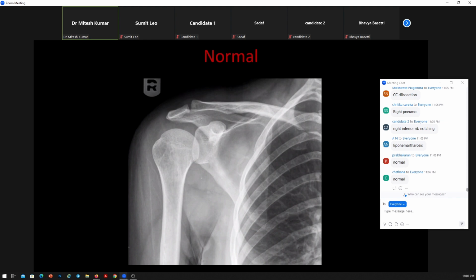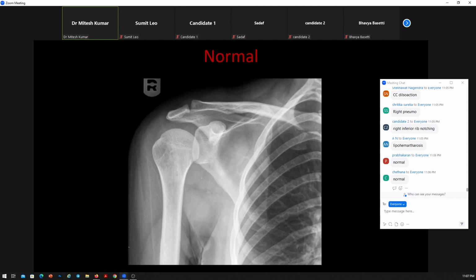I realized this long before my actual exam when I went to the ARI course. I saw their screens, and then I ordered the exact same kind of screen for my personal work as well as the same kind of keyboard. So I'm currently also doing this session on that particular screen. So I trained my eye on the larger screens, and then as Dr. Mitesh said, you hardly will require zooming on those kinds of screens. Most of the radiographs will be very clear and crisp in the actual exam.